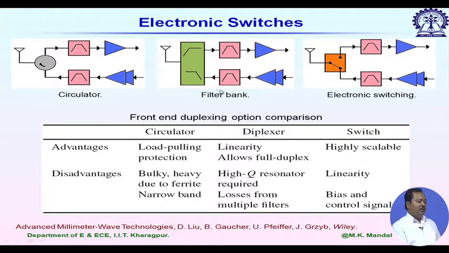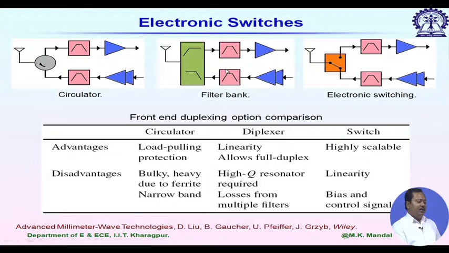Next, this is one example of a duplexer. So, here the diplexer or duplexer is formed by using a filter bank. One frequency is used for transmission and another different frequency is used for reception.